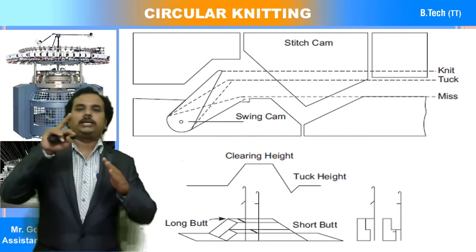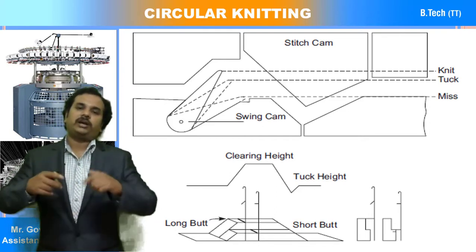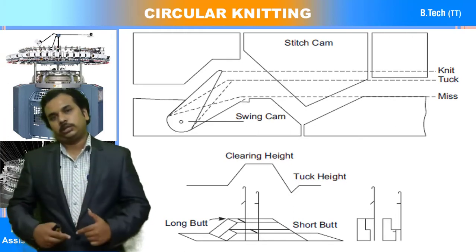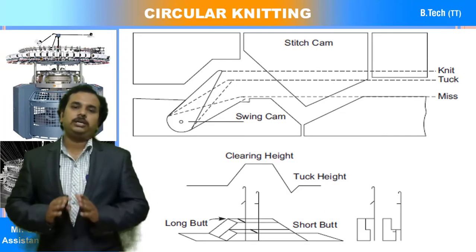If we raise it up completely, the loop is cleared and we feed the yarn to the needle hook, making the new loop through the old loop. So this is called the knit stitch.